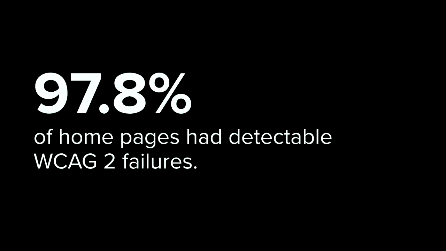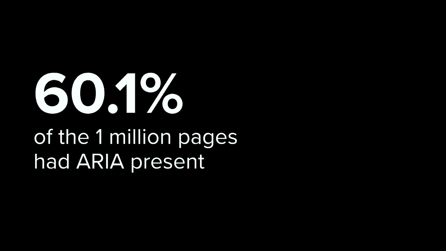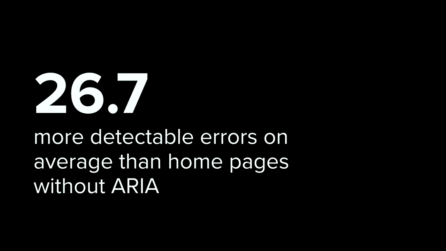Here are the results. 97.8% of home pages had a detectable WCAG 2 failures, 97.8. 59% of form inputs, 3.4 million form inputs, were unlabeled. 60.1% of those 1 million pages had ARIA present, and of those pages, there were 26.7 more detectable errors on average than home pages that did not use ARIA.